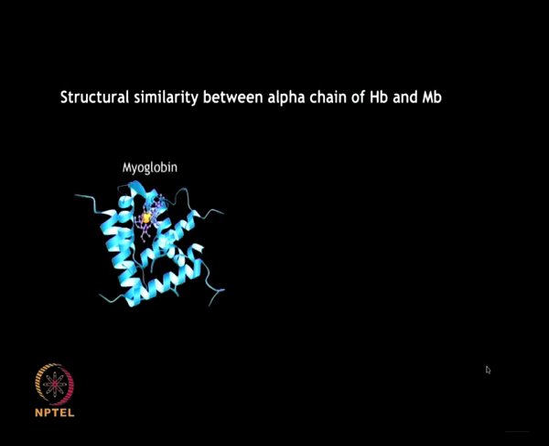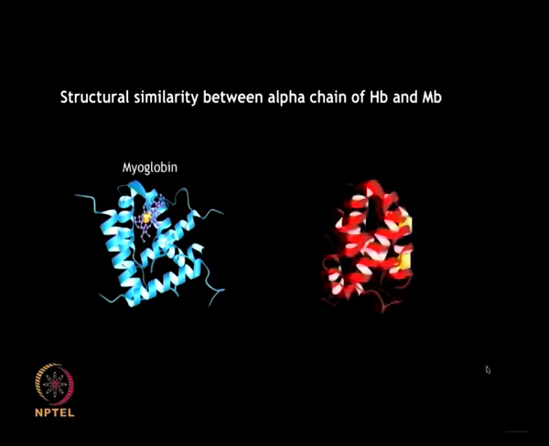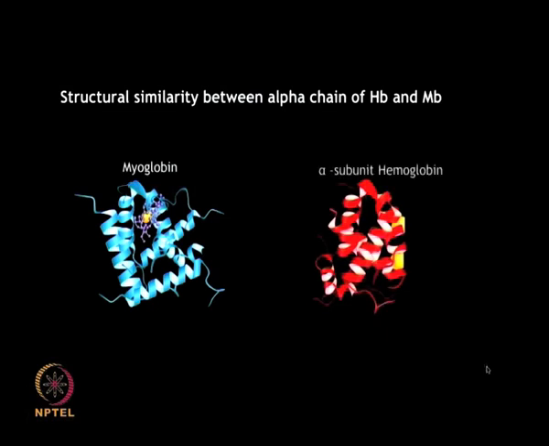Myoglobin, found largely in muscle tissues, has been found to be structurally similar to the alpha subunit of hemoglobin. The alpha helix arrangement of both proteins has been found to be the same, with the recurring structure being known as the globin fold.